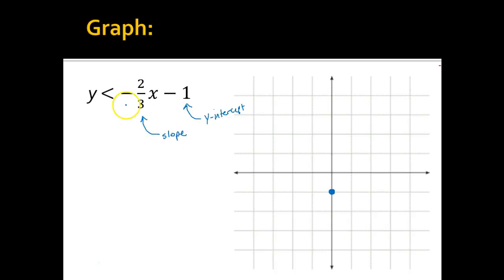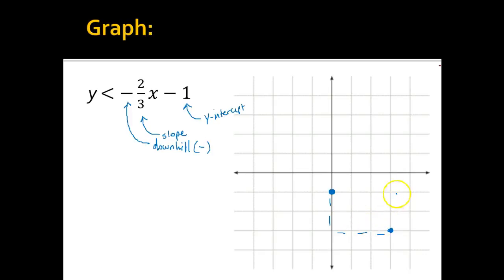And notice that it is negative, so that means it's downhill. Negative slope means downhill. And so we're going to go down 2 spaces for every 3 spaces over that we go, and I'm just going to count that. So I just counted down 1, 2, and then over 1, 2, 3.